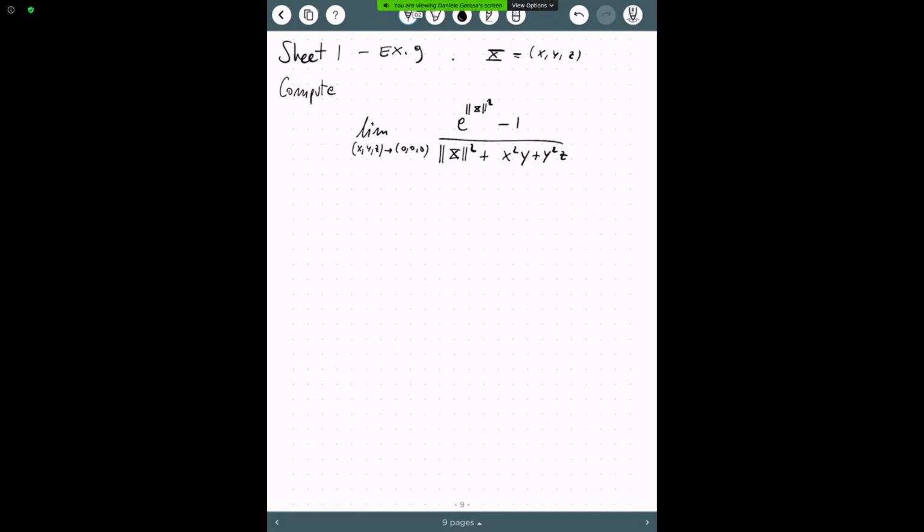So what is this? You remember what the norm of a vector is, right? We have the limit for x, y, z going to 0, 0, 0 of e to the power of x squared plus y squared plus z squared, minus 1, divided by x squared plus y squared plus z squared, plus this here.